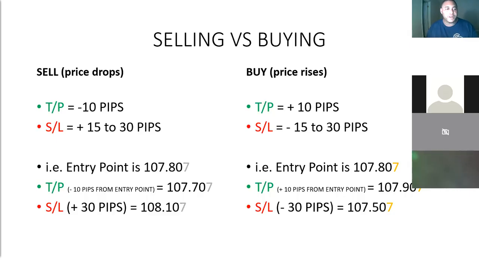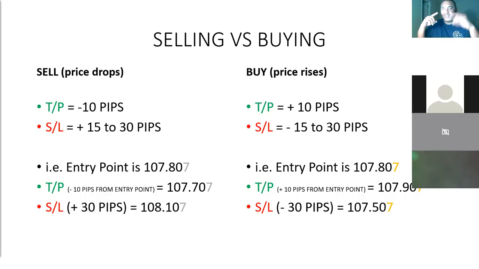Or if you're following a trader, they might give you a take profit, and you would just copy and paste it into your trading app. Because the market going down is why we subtract 10 when we sell, right? And for the stop loss, if you're expecting the market to go down, you want to add 15 to 30 pips.